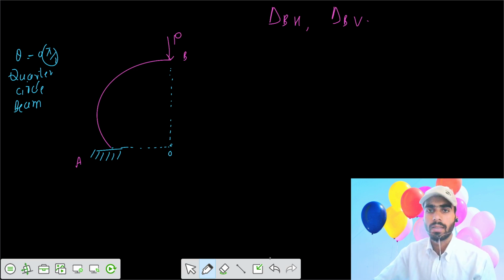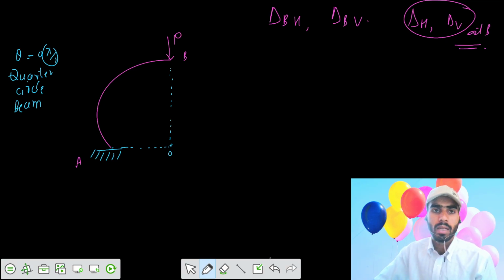So we can write delta horizontal and delta vertical at B. For delta vertical, you already have the load P at B downwards. For your delta horizontal, you have to apply a zero load of, say, H. H is your pseudo load.